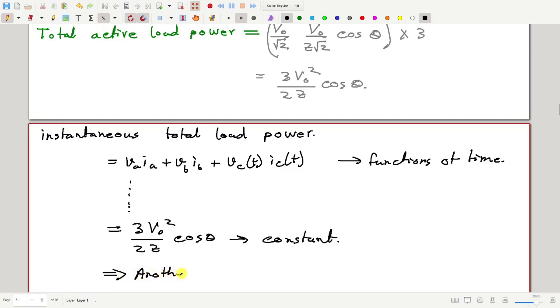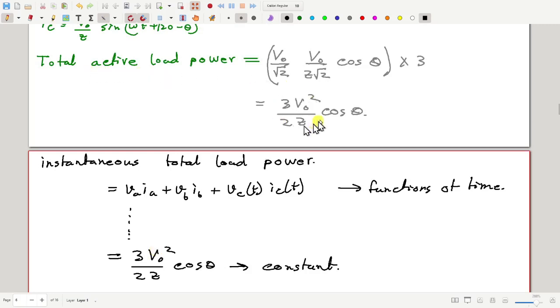Sir, it will be average, no? Is it instantaneous power total? No, no. See, this is the total power consumed by the three loads on an average, so basically time average.